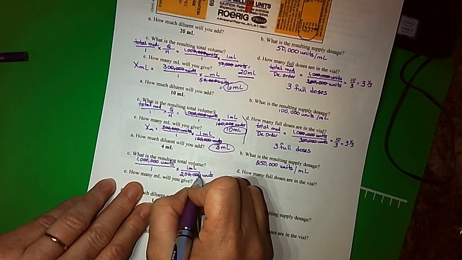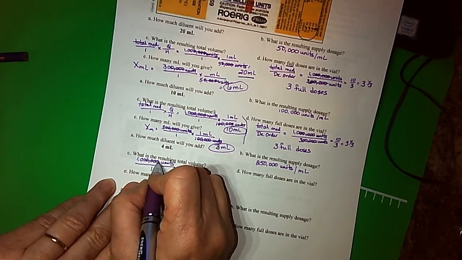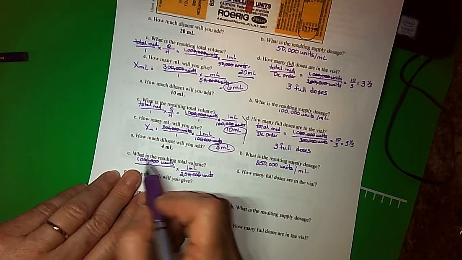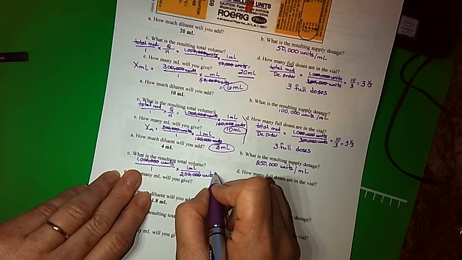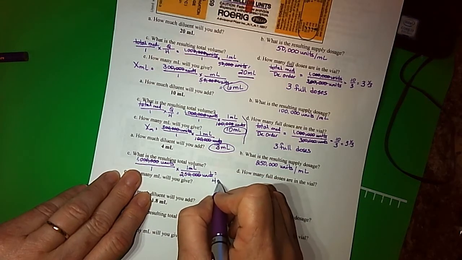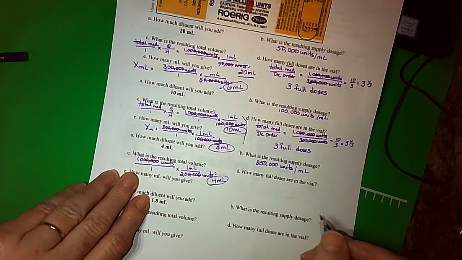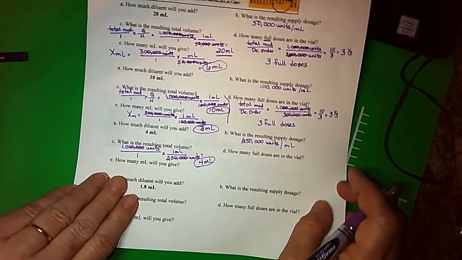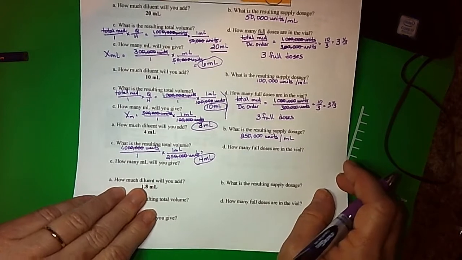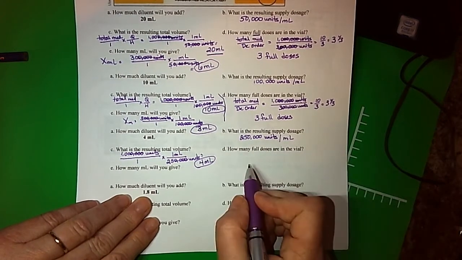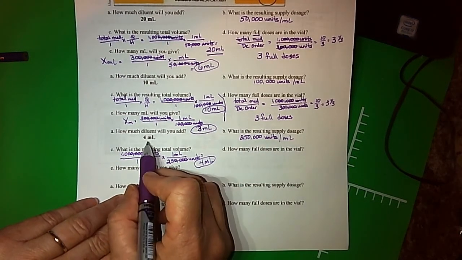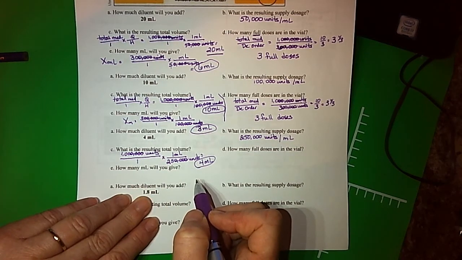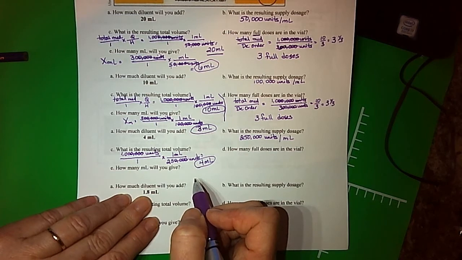So I've got 4 on the bottom, which means I can cancel 4 on the top. So I have 100 divided by 25. So I have 4 milliliters of volume. So again, this is one of those times that the milliliters is actually the diluent. How much diluent you add will actually equal how many milliliters you have in your vial.